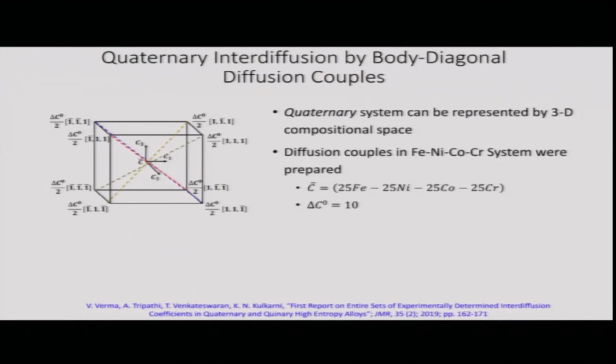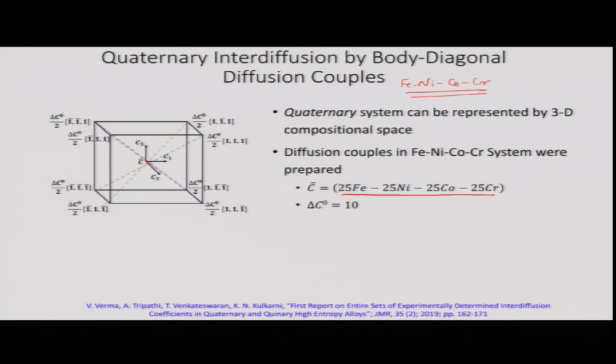We wanted to evaluate the interdiffusion coefficients in the iron, nickel, cobalt, chrome Quaternary system at the equimolar composition, that is at 25 atom percent of each iron, nickel, cobalt and chrome. So, we used C bar, that is the average composition, as the equimolar composition, which is shown here, and delta C0 was taken to be 10.